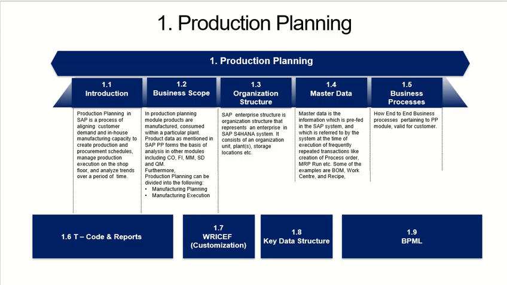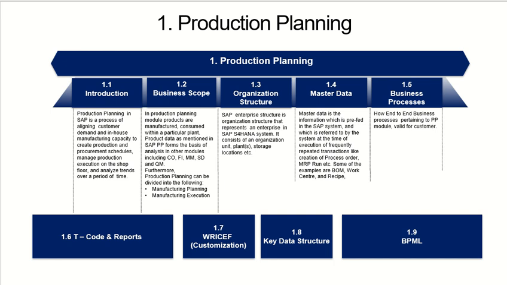In production planning, as we saw in the introduction, we discussed the business scope, which we can say comes into planning and execution. In the next slides, we will see the organization structure related to production planning, the master data, and how the end-to-end business process is used for a customer.